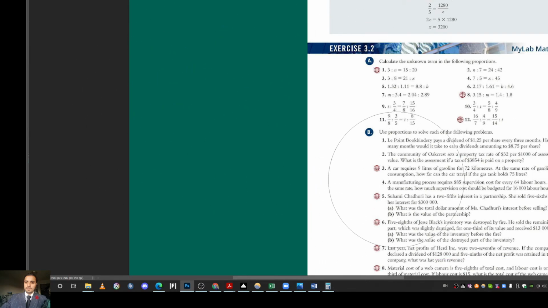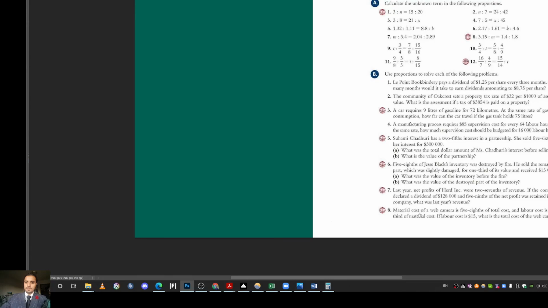Let's do the last one and we're done with the proportions. Material cost of webcam is 5/8 of the total cost. So 5/8 of total cost equals material cost. We can write it as MC, and total cost is TC.